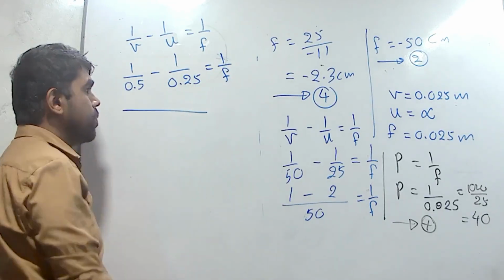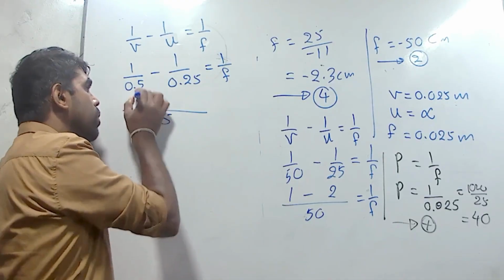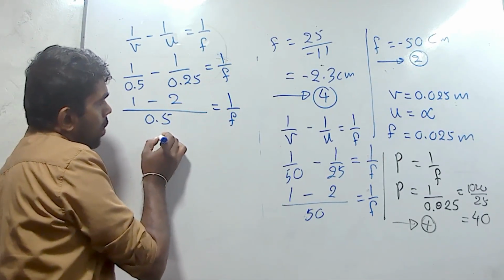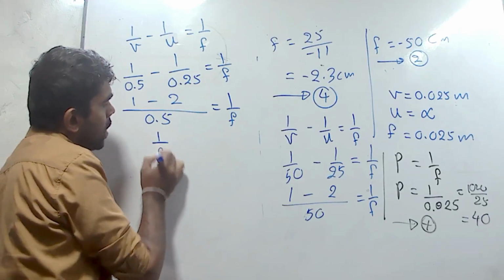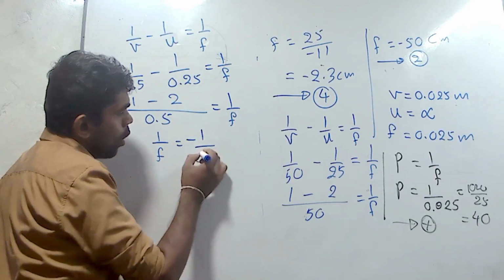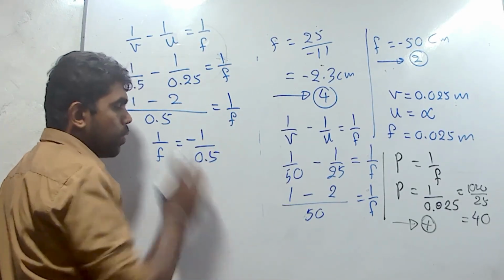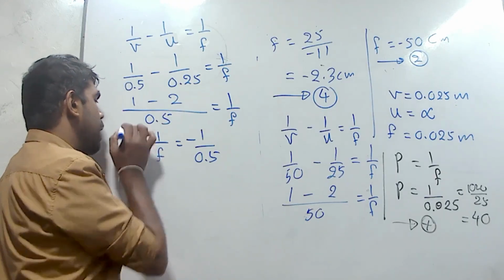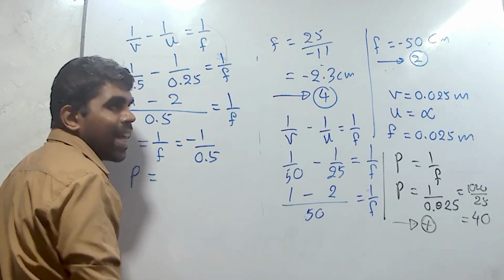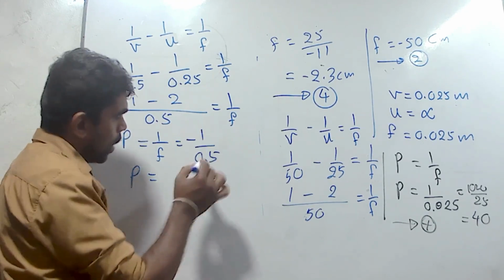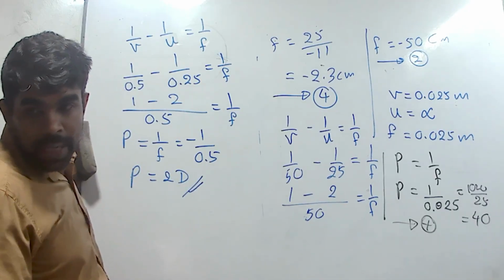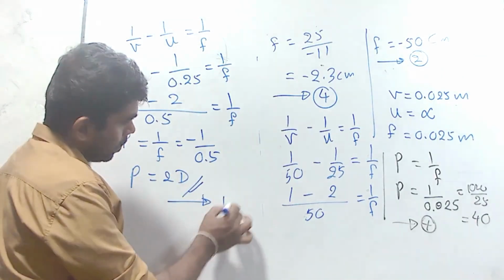Then we can find the F value. LCM 0.5, 1 minus 2. 1 over F is minus 1 over 0.5. 1 over F is the lens power, then we can get power. 1 over 0.5, it is in meters, therefore we obtain the answer in diopters. 1 over 0.5 means 2 diopters. Then the answer should be 1.